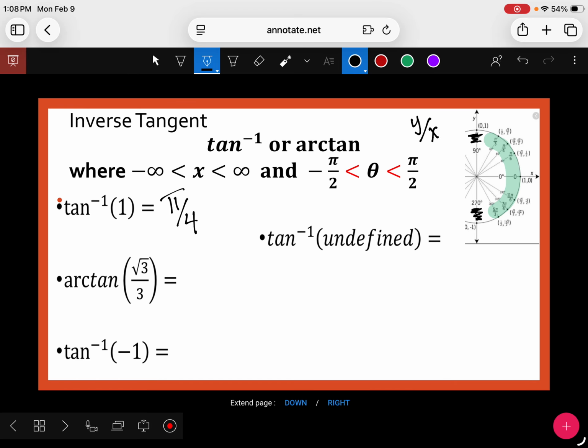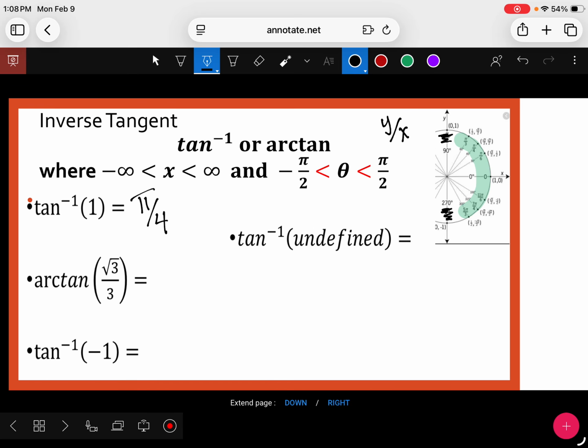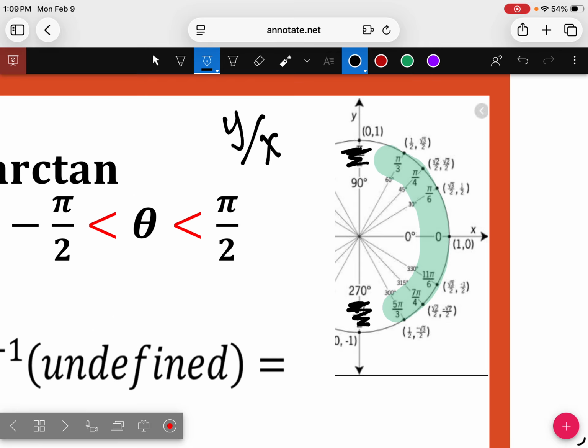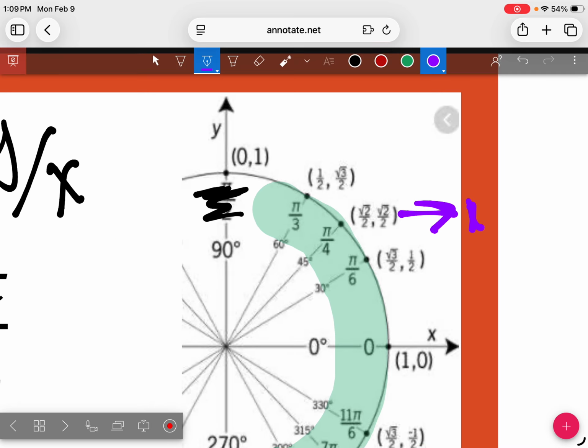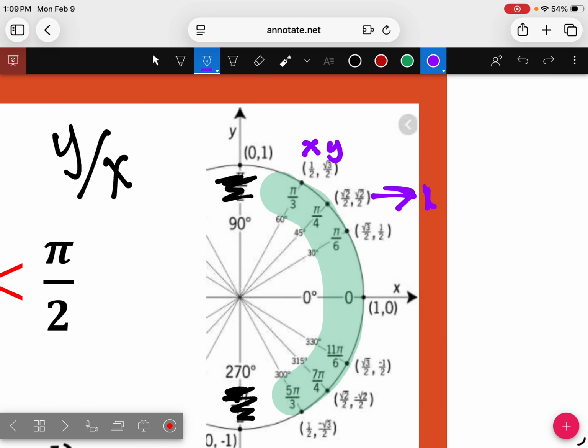Now, the root 3 over 3. We have two options. First of all, it's positive, so I know I'm looking in quadrant 1. We already identified that this angle has a tangent of 1, so we already know that. Let's figure out quickly the tangent of pi over 3 and pi over 6. If I take pi over 3 and I take the y value and divide it by x, root 3 over 2 divided by 1/2, we would do the what?